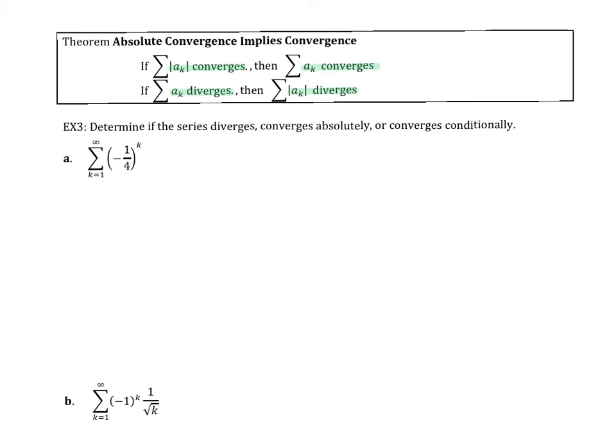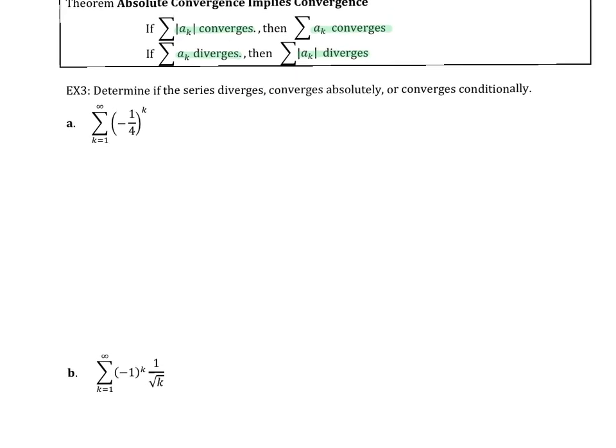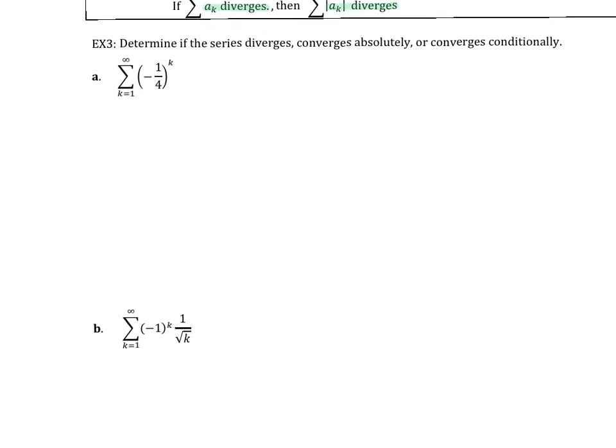For example, example 3a, we're looking at negative 1/4 to the k power. Now this is a geometric series, but it's also an alternating series. I can rewrite this as the sum from k equal to 1 to infinity of negative 1 to the k times 1/4 to the k.